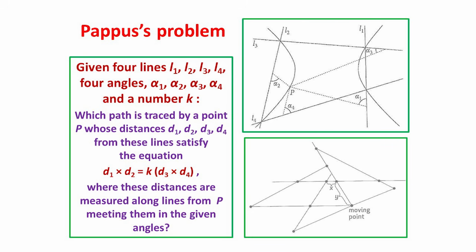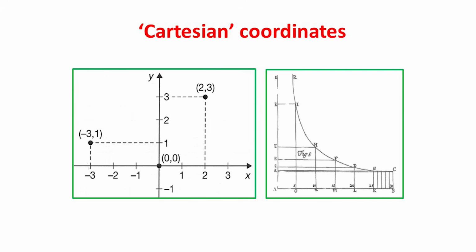And this means, as we'll see later, that the required path is a conic such as an ellipse. So Descartes used algebra to solve a problem in geometry.